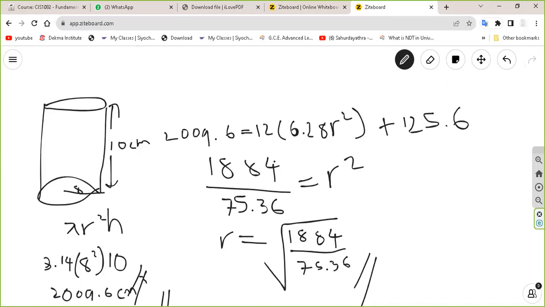Find the value of r squared using the logarithm table and then obtain the value of r. You have to simplify this one.